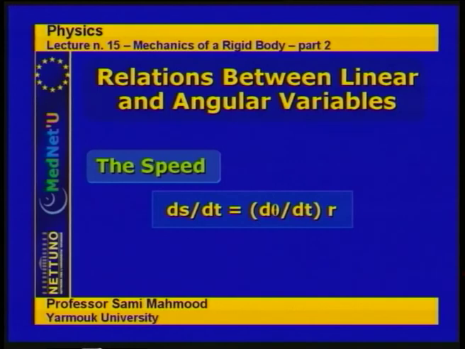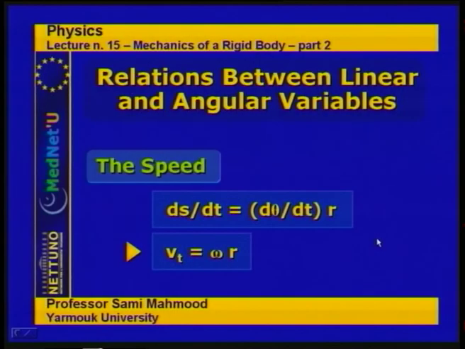So r is constant, and ds by dt equals d theta by dt times r. This way we can derive the linear speed with respect to the angular quantities.